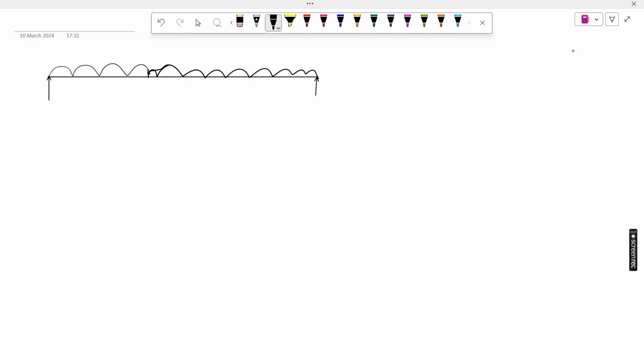This is a UDL of, you can consider, 20 kilonewton per meter, and the length of the beam you can consider as 10 meter. This is our beam that we want to design for the 20 kilonewton per meter live load, excluding the dead load. Dead load means self weight, because there is self weight of the beam also. This will create some moment, which will also be considered.